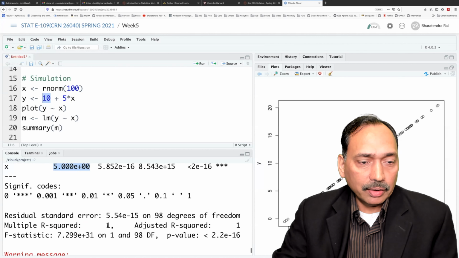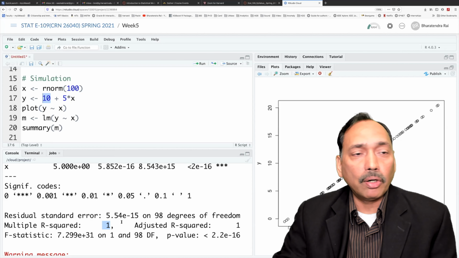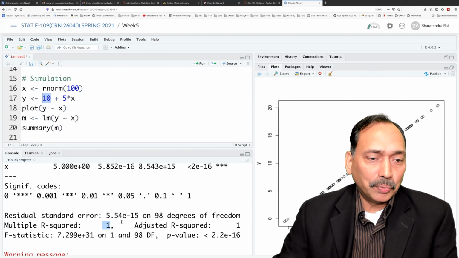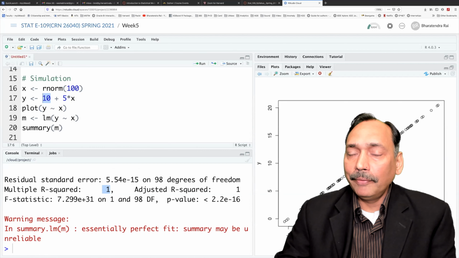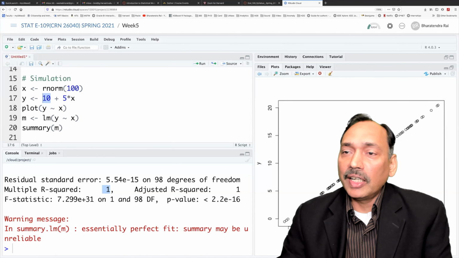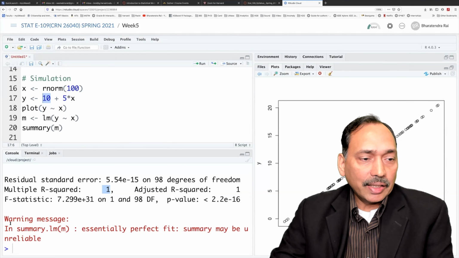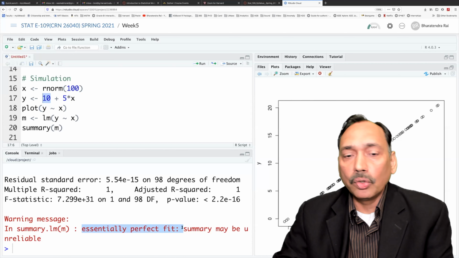R square is 1 because the variability in y can be explained on a 100% basis. There's no error, so obviously R square will be 100%. And if you calculate the coefficient of correlation, that will be +1. It's a perfect correlation between x and y. There's also a warning message that it's essentially a perfect fit because there's no variability.